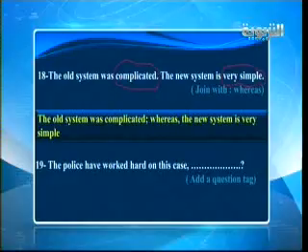The police have worked hard on this case. Add a question tag. The question tag has one main function. It means you are making sure that your sentence is right or wrong. You're just trying to know if it is right or wrong when you're talking with another person. So it's normally the opposite. If the sentence is affirmative, normally the tag question is negative, and if it is negative, the tag question will be affirmative.